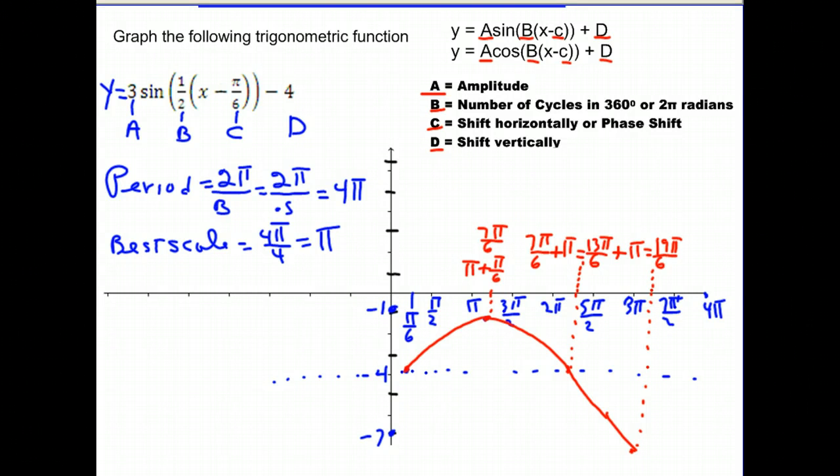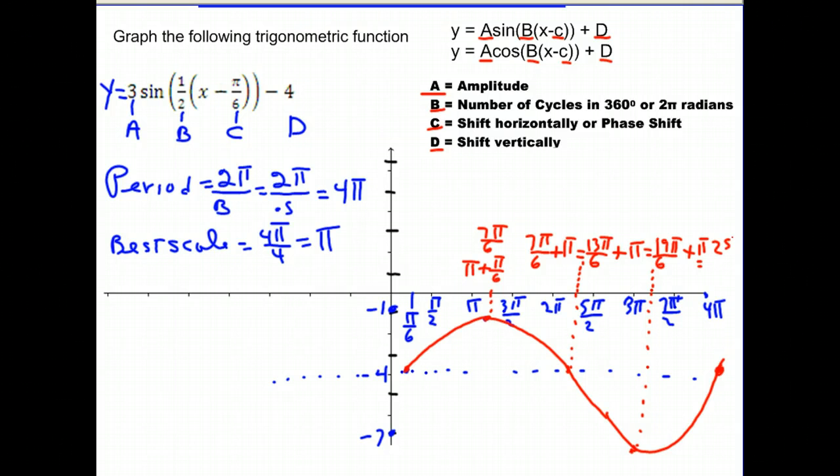Notice once again, each distance is pi units. And then finally, we want to go back to the midline again. So we're going to come back up to the midline, which would be somewhere around there. And that will be another pi units over, which is 19 pi over 6 plus 6 pi over 6.